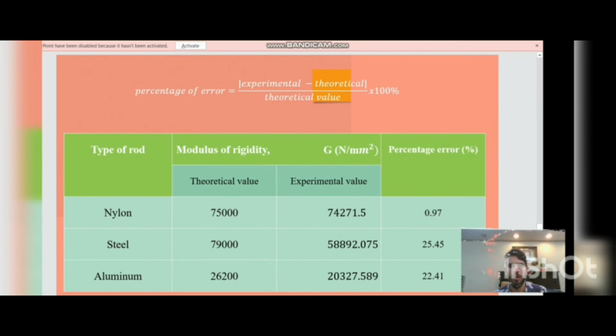Percentage of error equals experimental minus theoretical over theoretical value, times 100%. The percentage error for the nylon is 0.97, for the steel 25.45, for the aluminium 22.41.